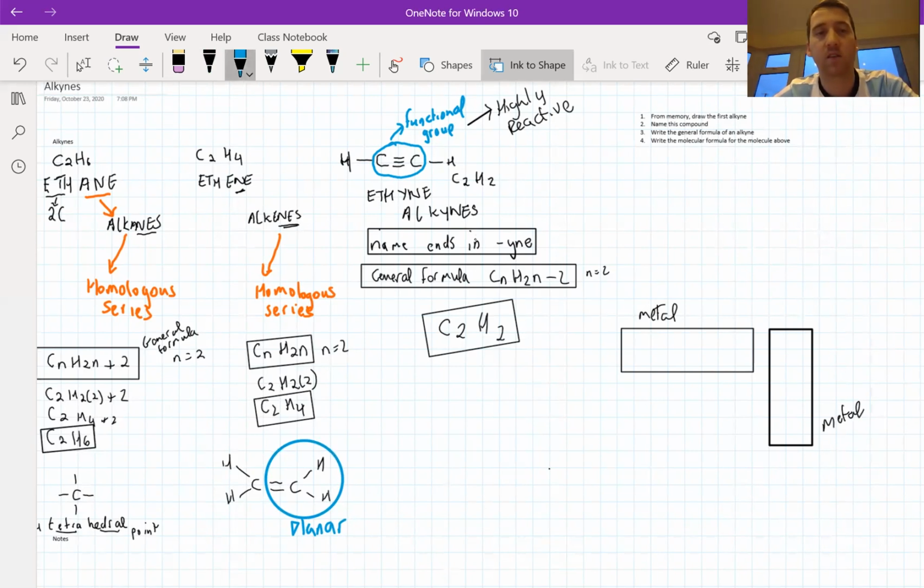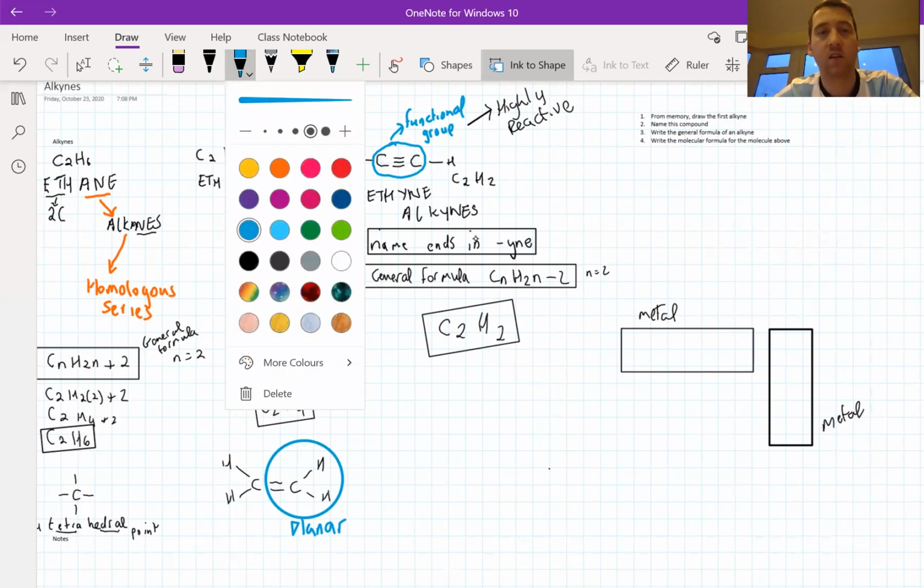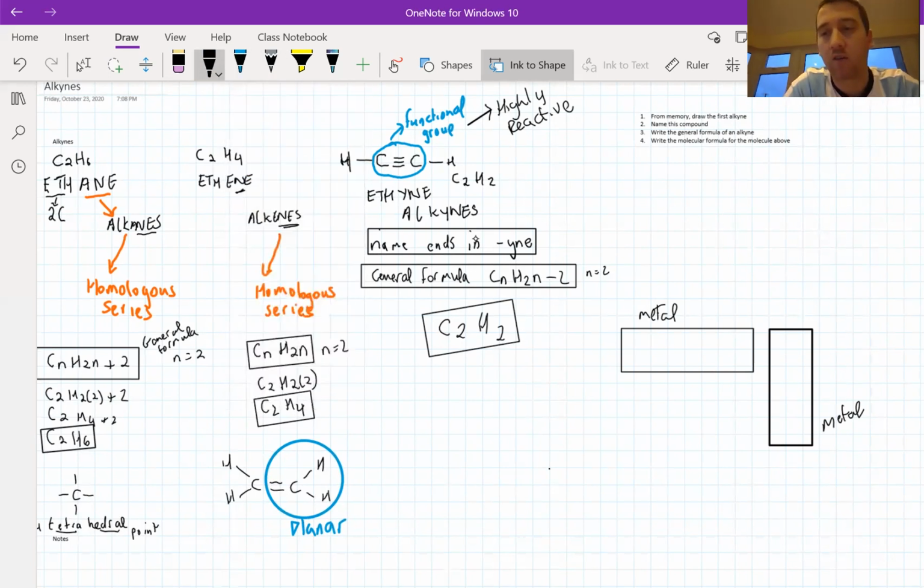And this happens by taking a piece of metal on a rod. So we have this rod, and on this rod is a piece of metal. That's a piece of metal, and this is what we call a welding rod.